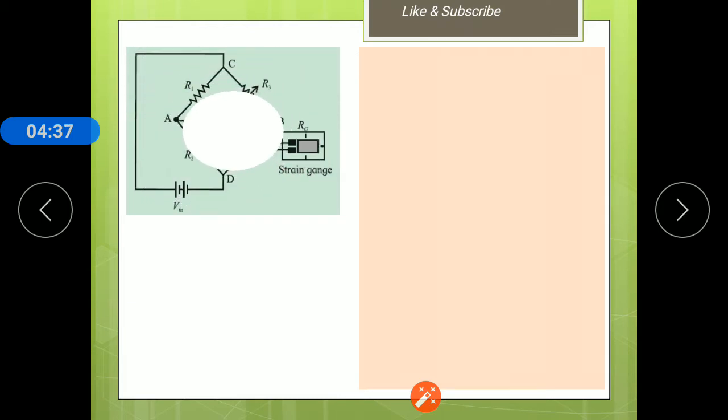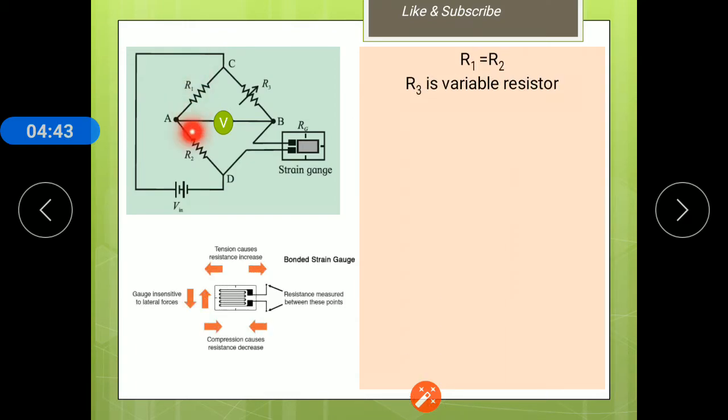How does it work? First, the resistors R1 and R2 are taken nearly equal. Only the third resistor, R3, is a variable resistor.